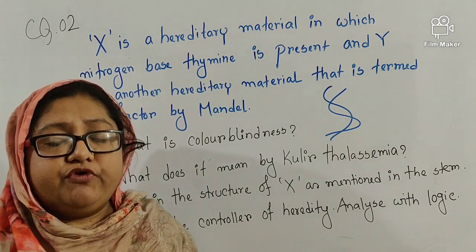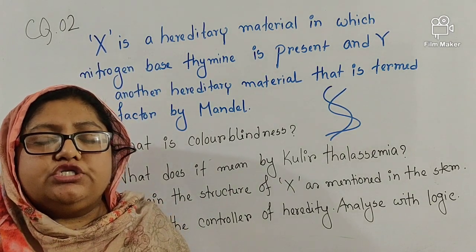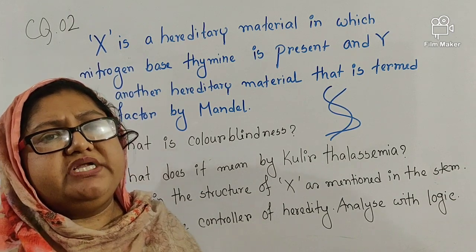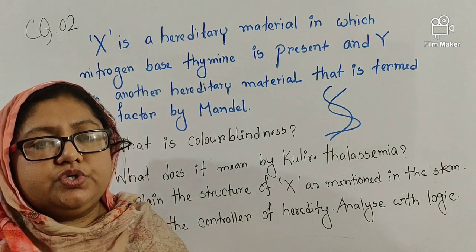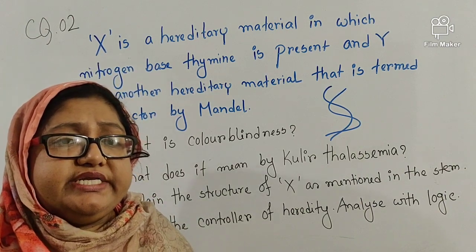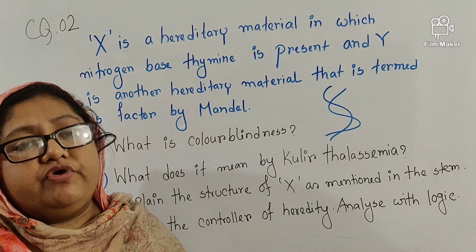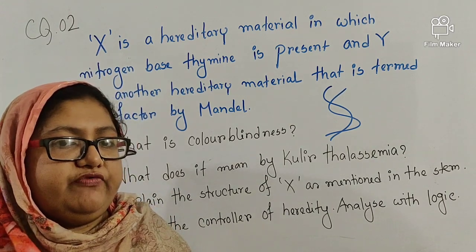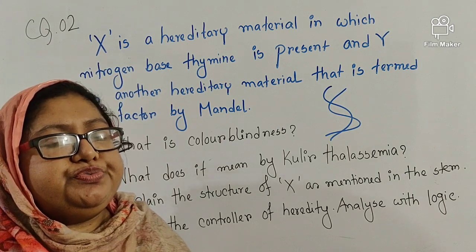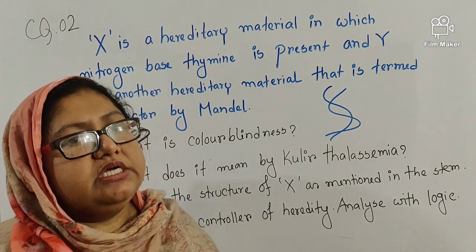You know, in the formation of DNA, a large number of nucleotides are combined together to form the structure of DNA. Now, what is a nucleotide? A nucleotide is a unit composed of ribose sugar, that is a 5 carbon sugar, a nitrogen base and an inorganic phosphate. These three components combined form the nucleotide.